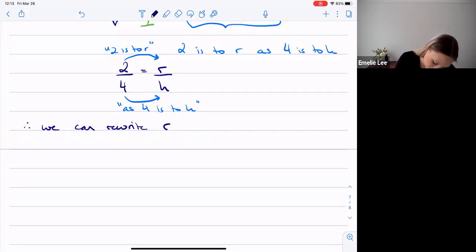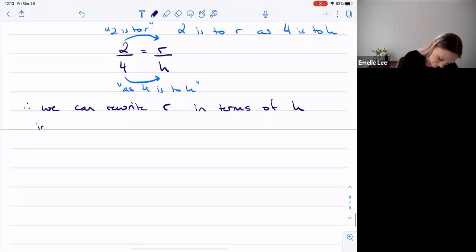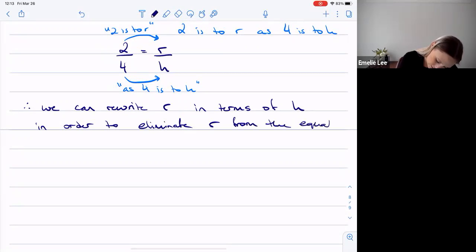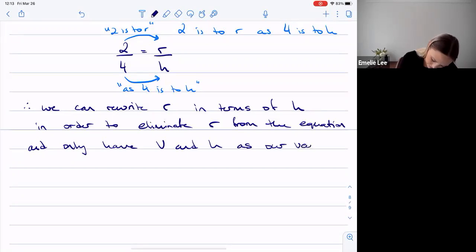So we can rewrite r in terms of h in order to eliminate r from the equation and only have V and h as our variables.